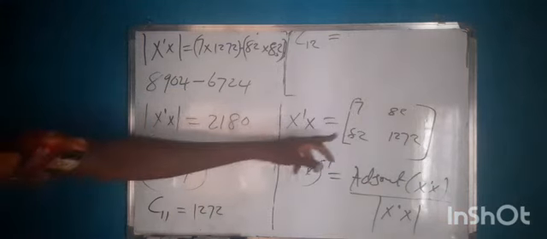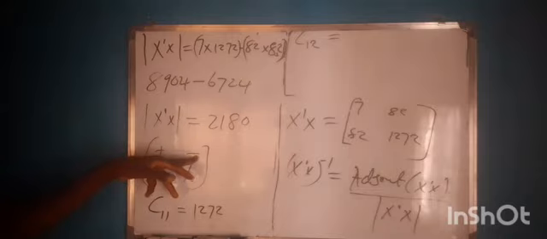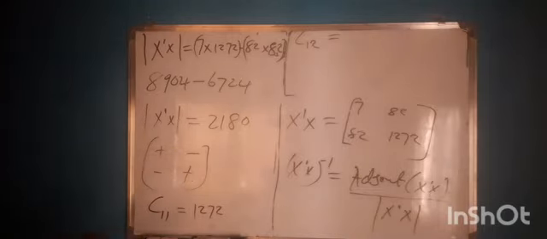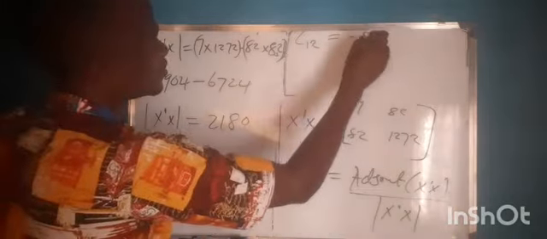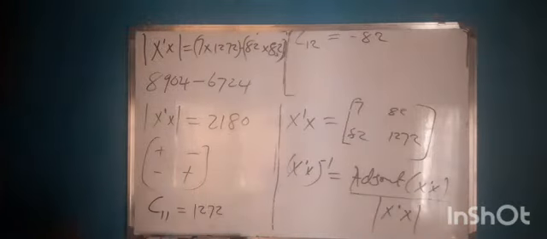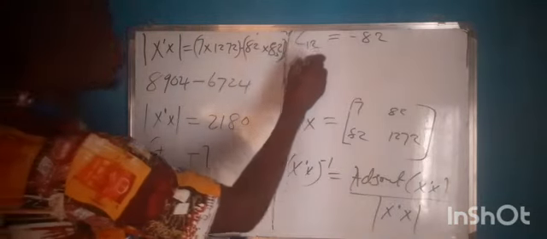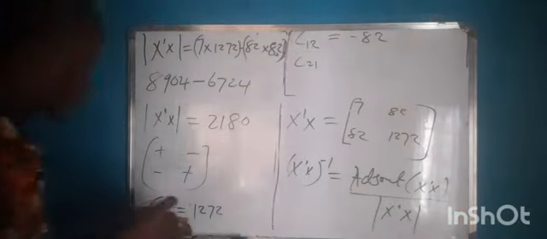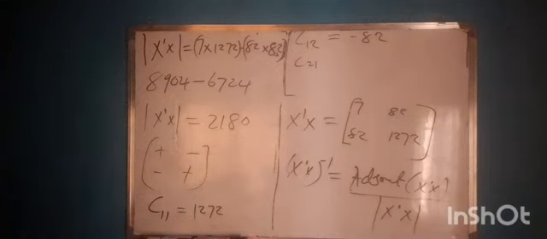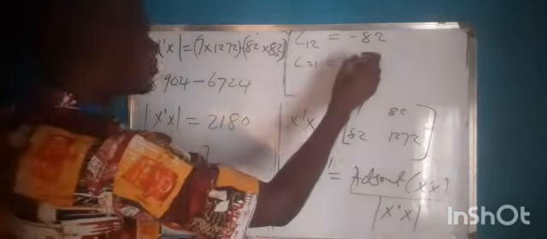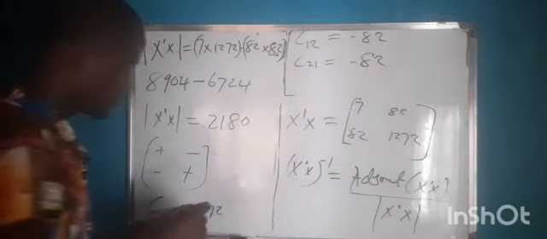You multiply this 82 by this sign, which is negative, which will give us minus 82. Since the matrix is symmetric, our C21, which is row 2, column 1, will also be minus 82.